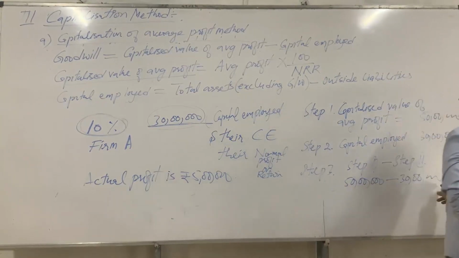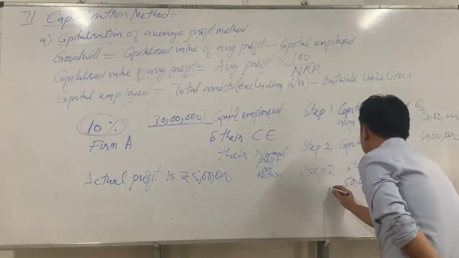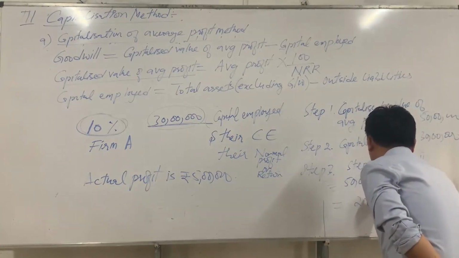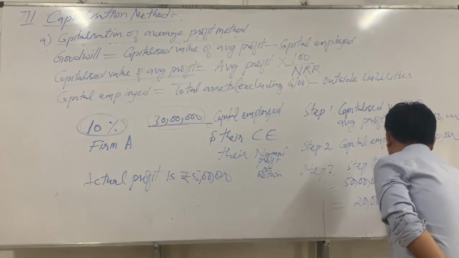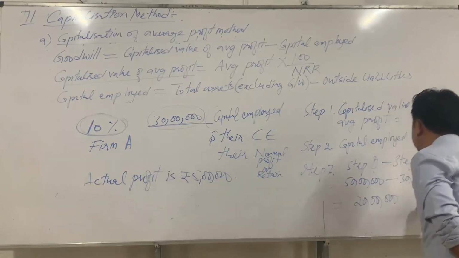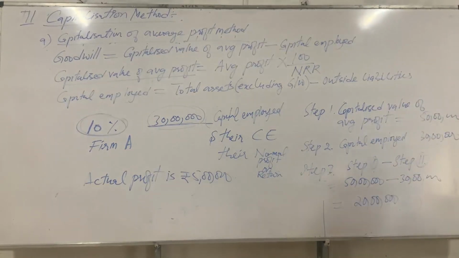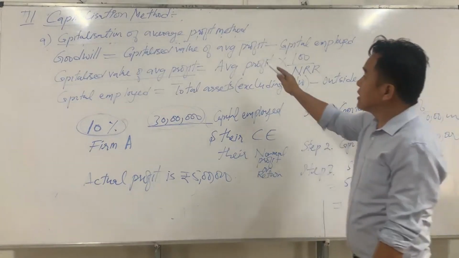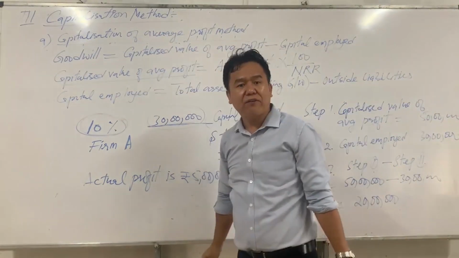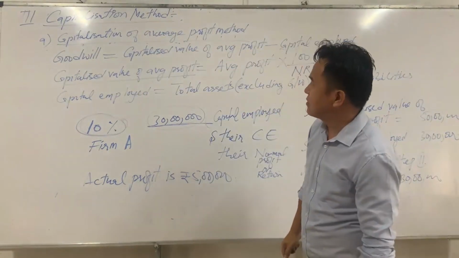If we deduct 30 lakh from 50 lakh, how much will we get? We will get 20 lakh. So 20 lakh is the goodwill of firm. So this is how we calculate goodwill by using capitalization of average profit method.